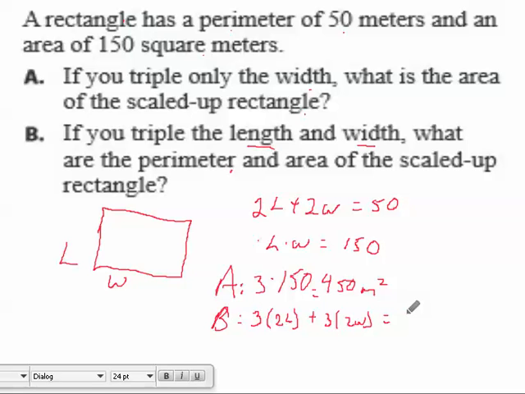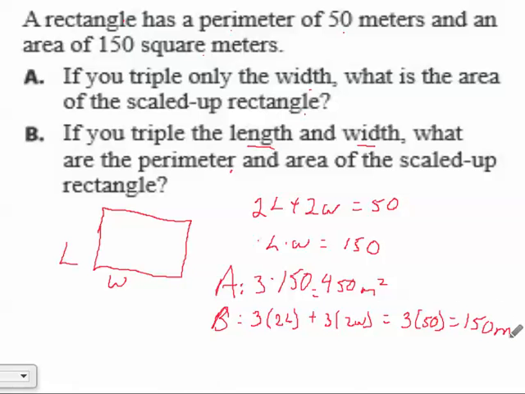I can factor that 3 out, and it's actually the same formula. It's 3 times 50, or 150 meters. That's the way you can use that information from that first couple of units. It's trying to show you some scaling factors and how scaling factors work in relationship to the length and the width and to the area of different objects.